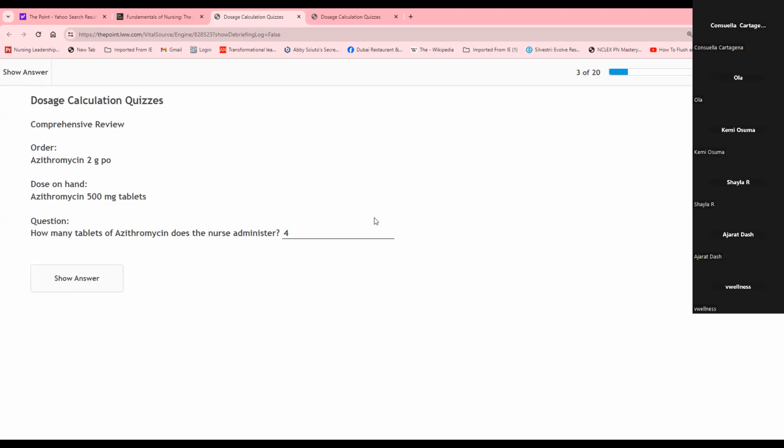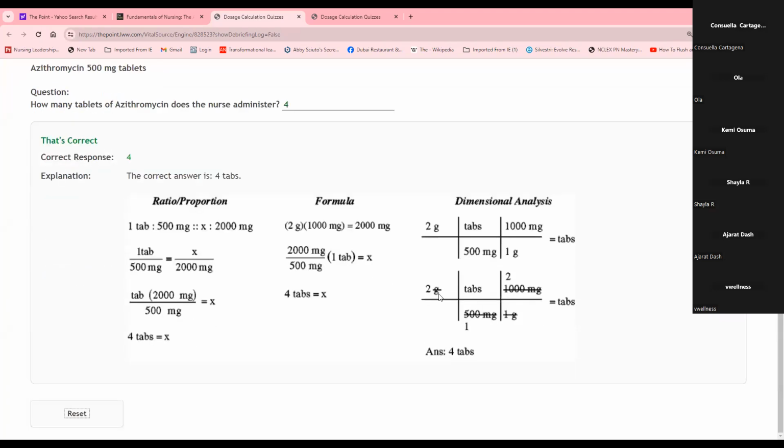I tried to take the 500 and divide it. There's your math. So you can see where you made your error. Did you accidentally not convert? No, I tried to convert the 500. You could have divided it by 1,000. If you did the 500, then you would have gotten 0.5.